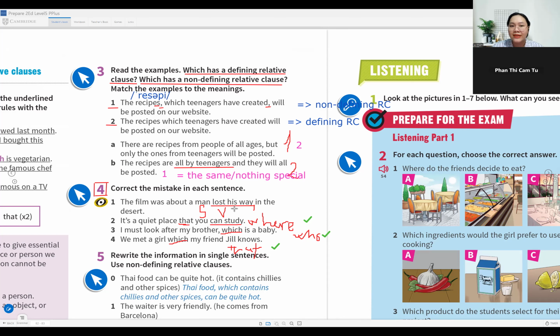It is used to define a man. So please add who here, or you can add the word that here. And we don't need any commas because without who lost his way, we cannot know which man. So it is important information. Is that okay? So, a man who lost his way. Right, finished this. Now let's continue.